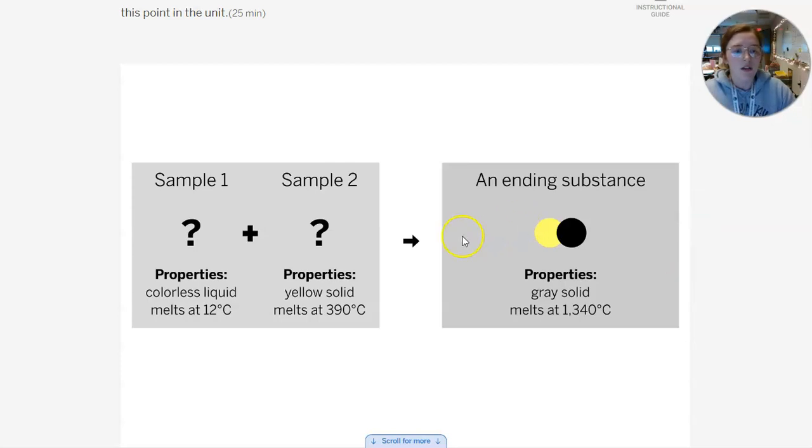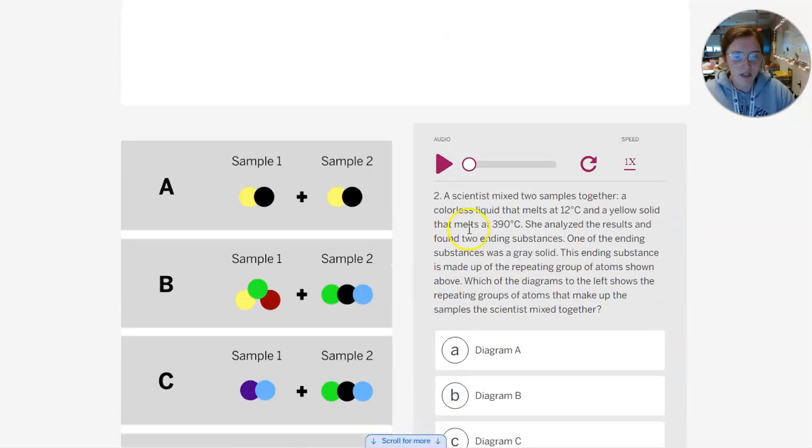So my question says, a scientist mixes 2 samples together, a colorless liquid that melts at 12 degrees Celsius, and a yellow solid that melts at 390 degrees Celsius. She analyzed the results and found 2 ending substances. So it says right here that there's 2 ending substances.